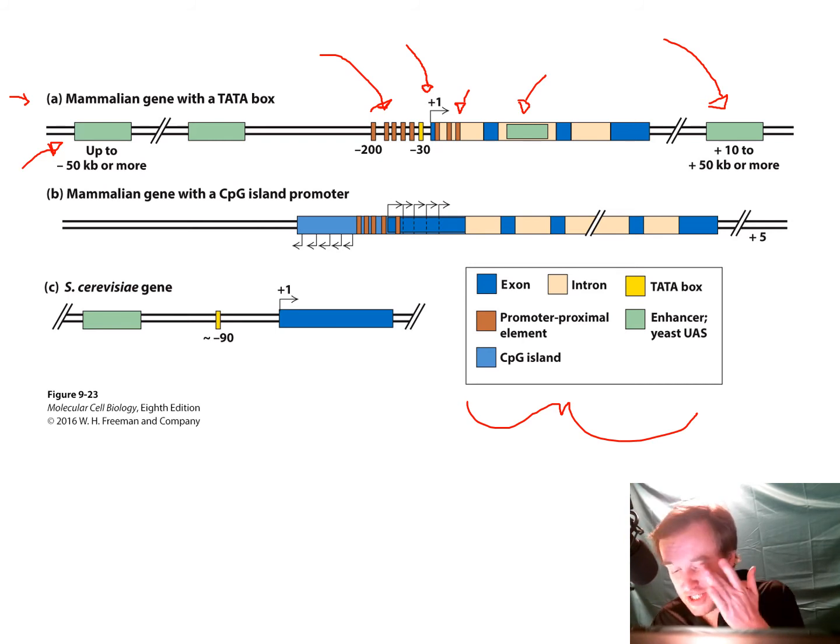So these CpG island promoters are kind of weird compared to the traditional gene expression and genetics. In CpG islands, transcription is initiated at several sites in both the sense and antisense direction. So that's why we have these arrows going in different directions here.